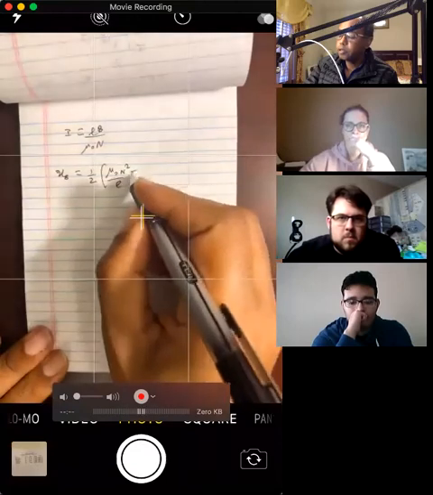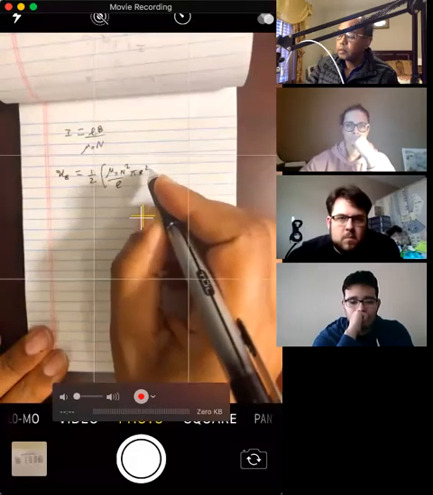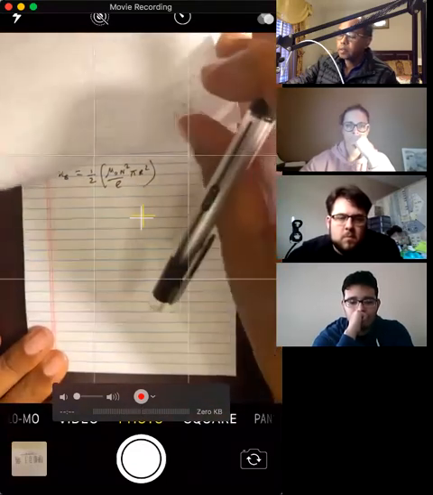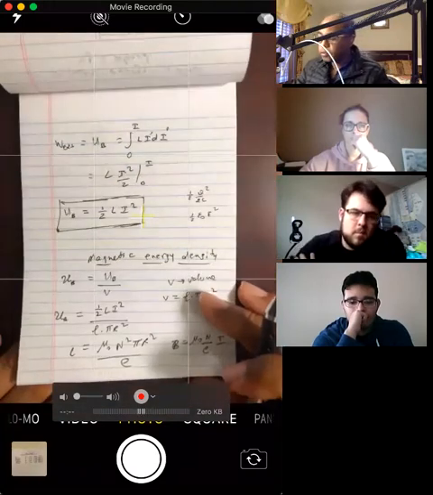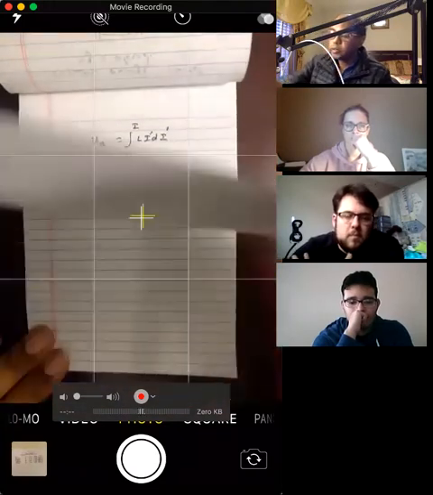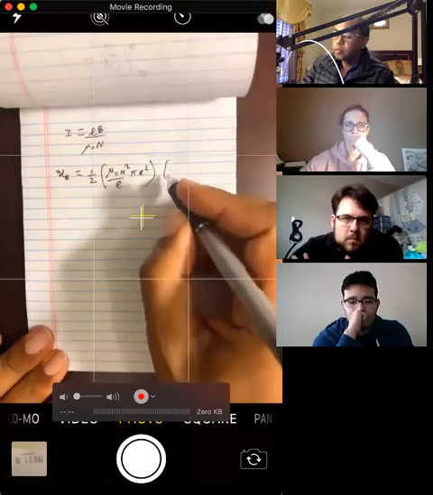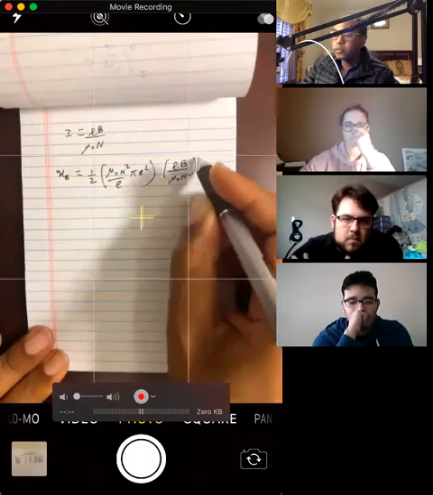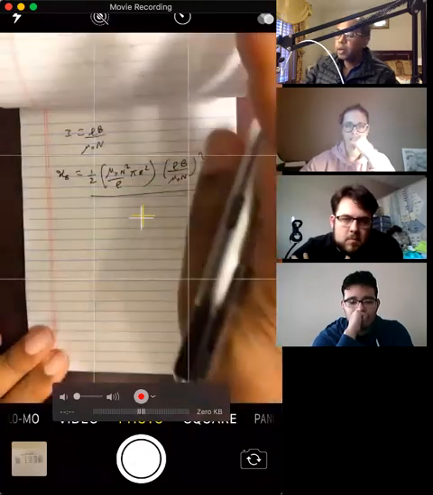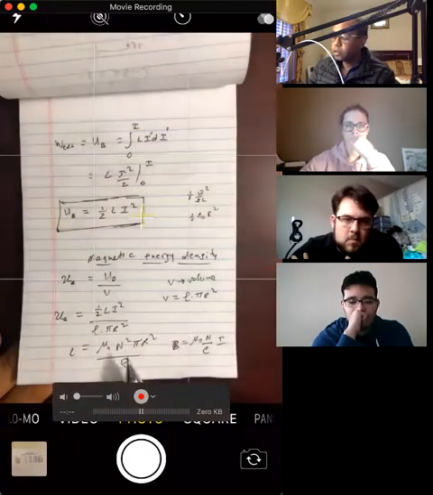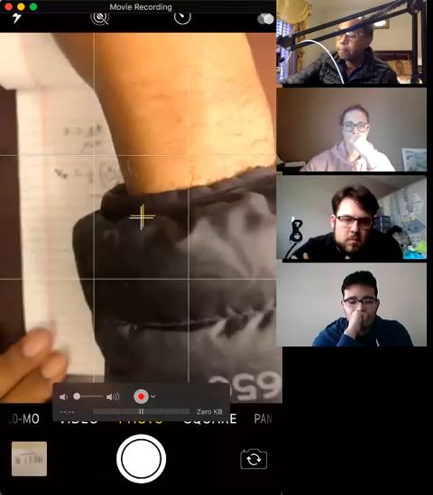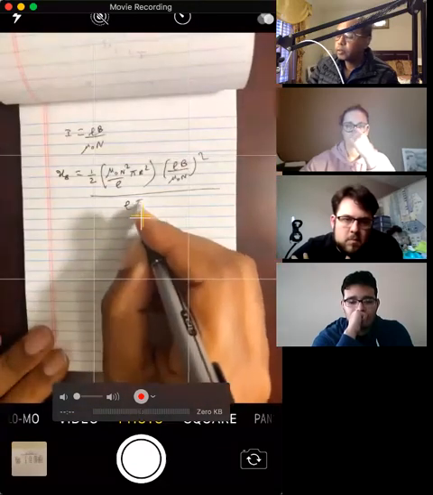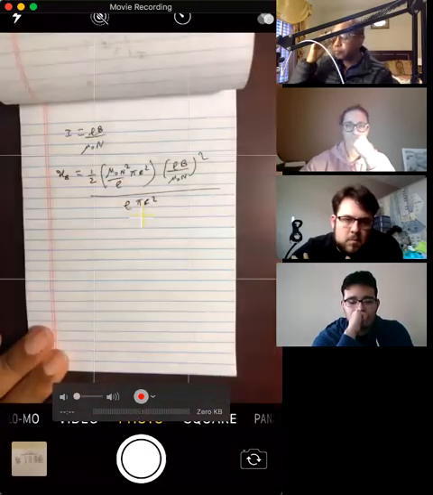This is the value for L, okay? And then of course, we have the current, which is l B over mu naught N. This is the current, and that's divided by the volume, which is l times pi R squared, okay?